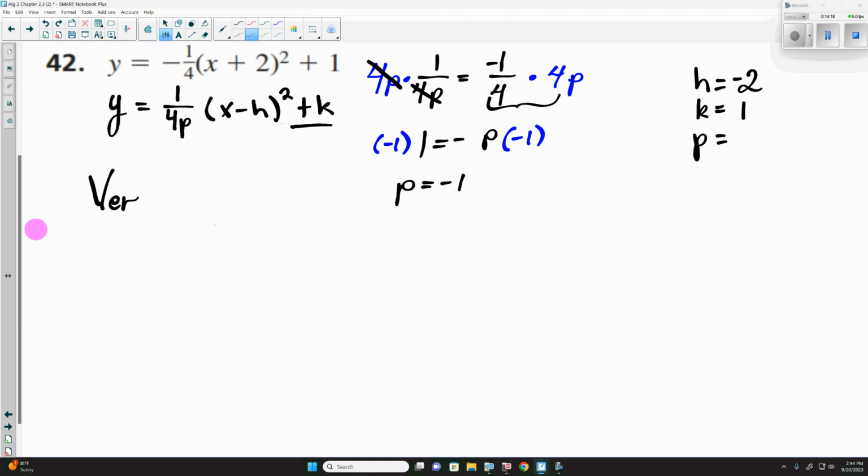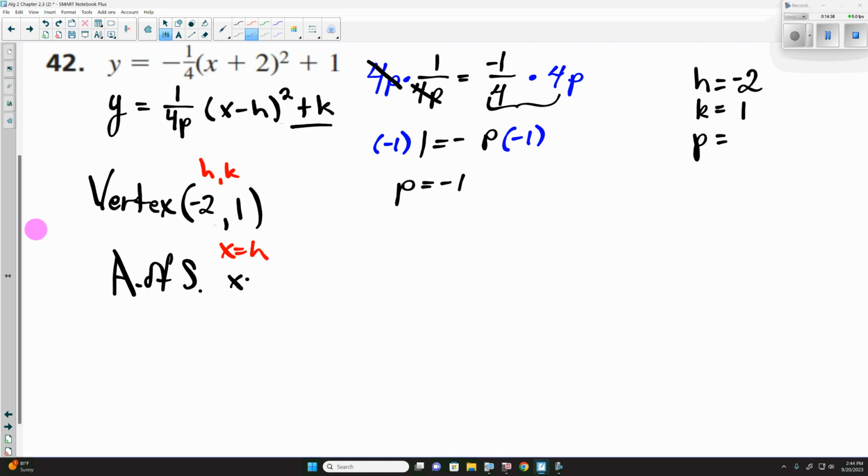Vertex is the point h comma k. Well, our h value is what? Yes, negative 2, and our k value is 1. Axis of symmetry: x equals h, so x equals negative 2.